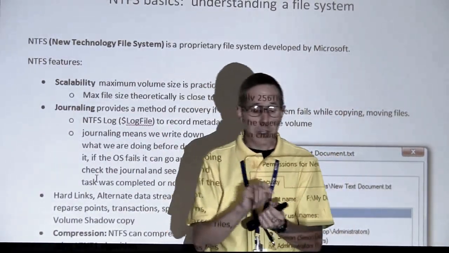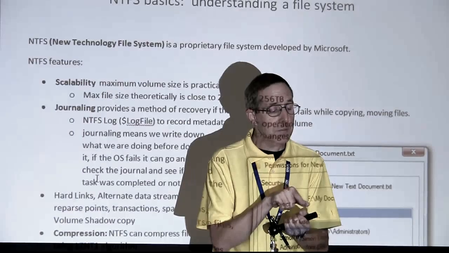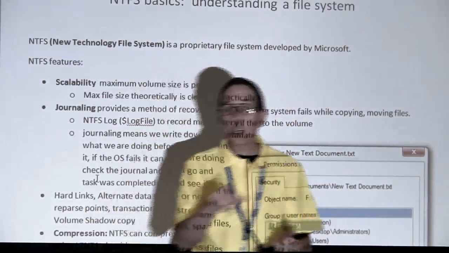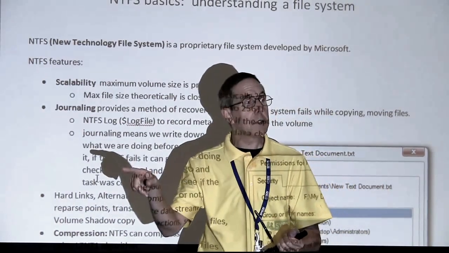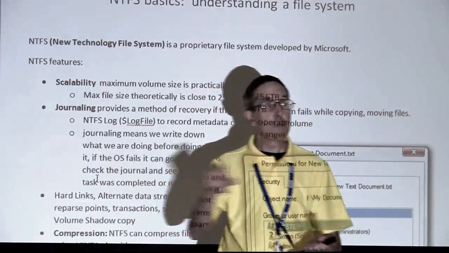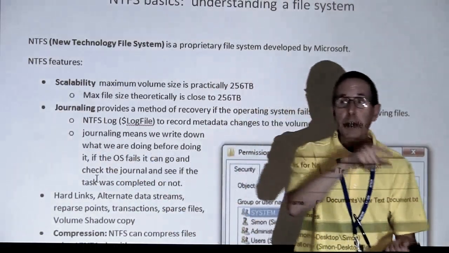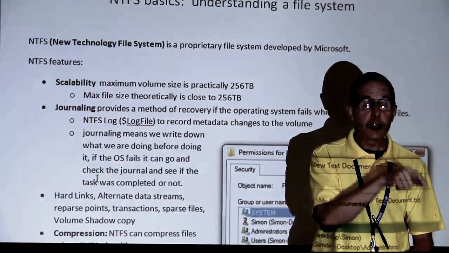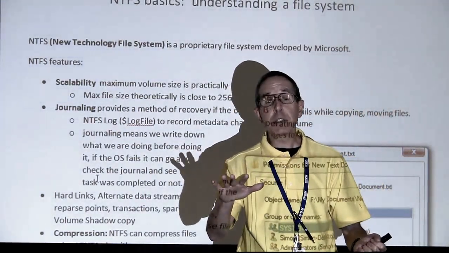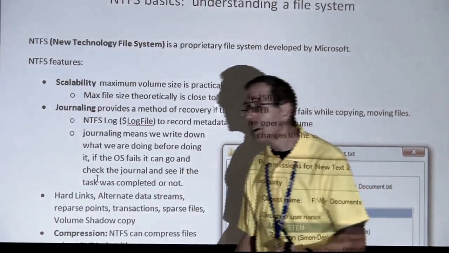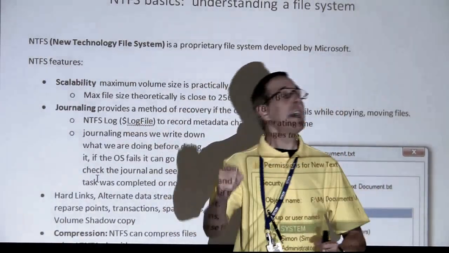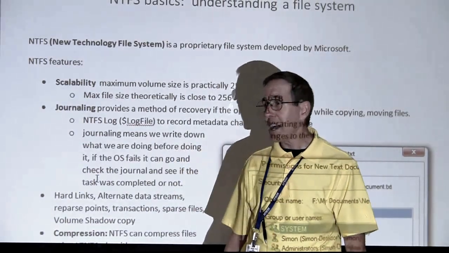It says, okay, Shelton is copying this file from this location to this location. So the copy process then begins. What happened first? Before the copy process happened, what did we first do? We journaled the event. Right in the middle of the copy process, Shelton's little brother runs through the house, grabs his computer power cord, and jerks it out of the wall outlet.